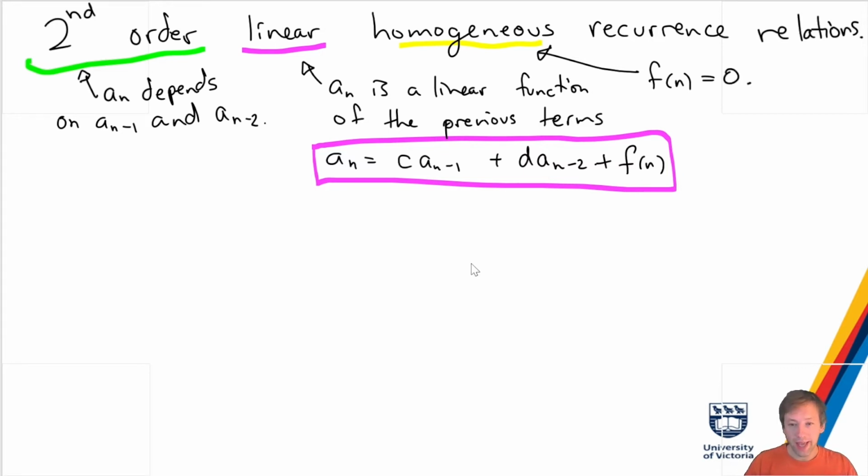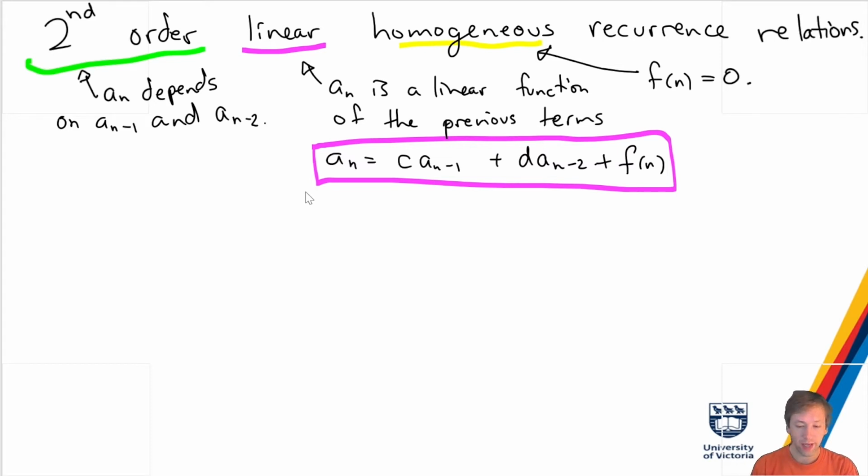So basically a_n is just some constant times a_{n-1} plus some constant times a_{n-2}. And we want to figure out how to solve these things. So what I'm going to tell you now is a method for solving these things. Basically, I'm going to give you the answer to how you solve these things. But what's not going to be clear is why this method works.